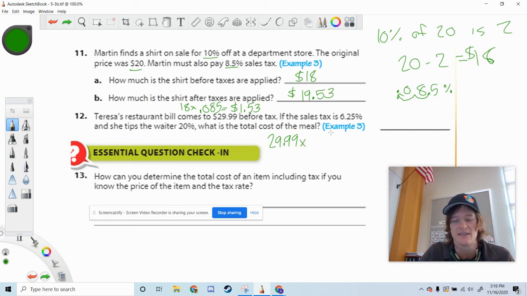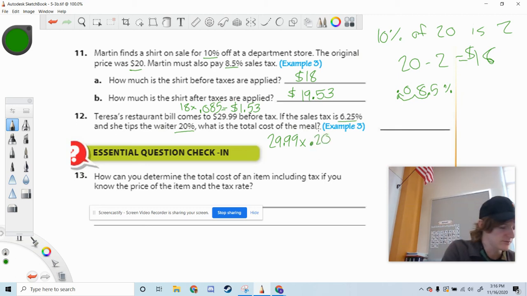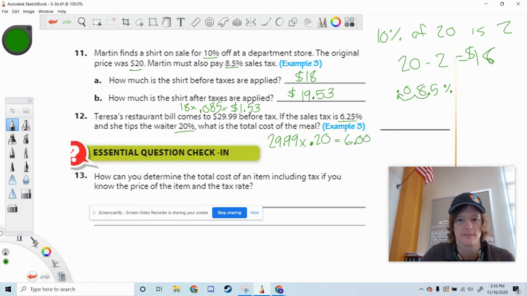And those will be two separate things we need to add. So times 0.20, so $29.99 times 0.20. Actually, it's going to round up to $6 for her tip.